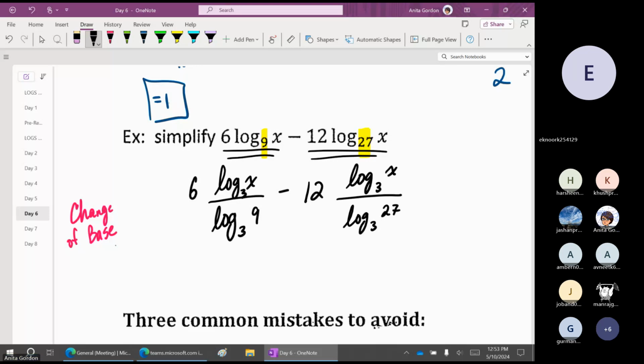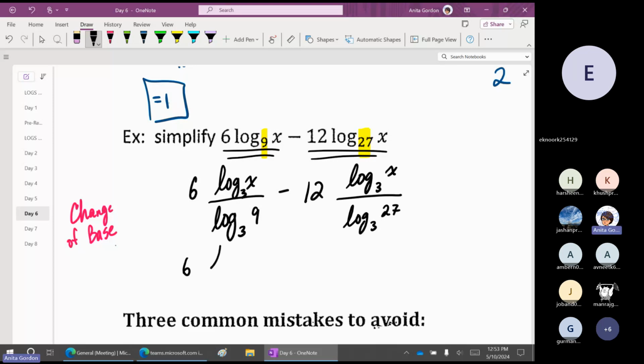Okay, so that's my step 1. The next thing I'm going to do is I'm going to rewrite now 9 and 27 as multiples of 3.